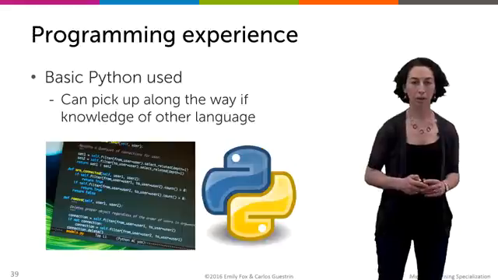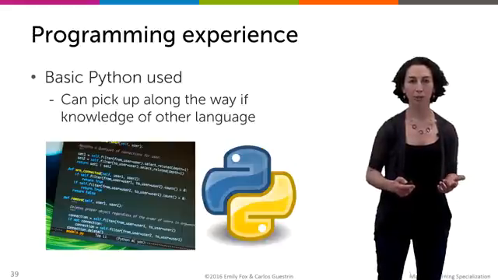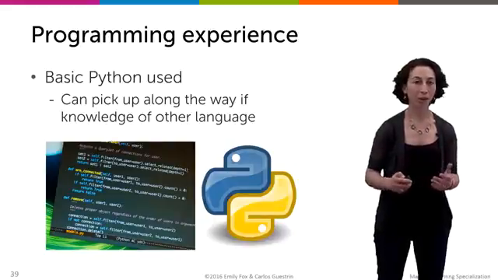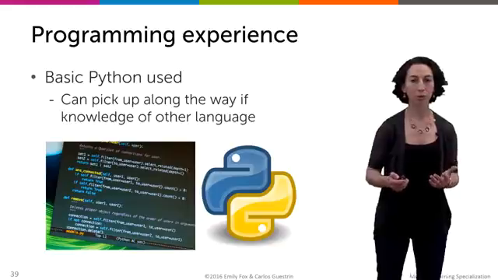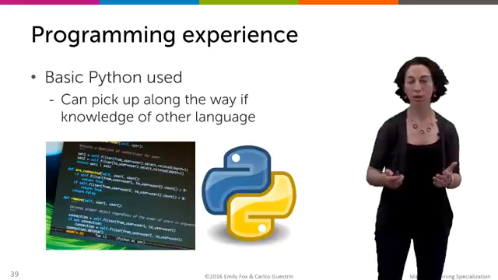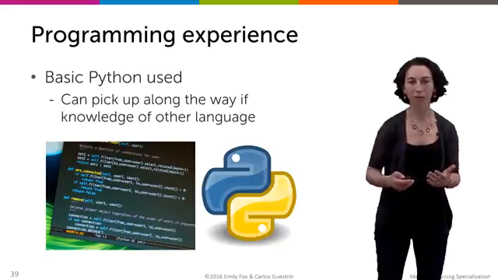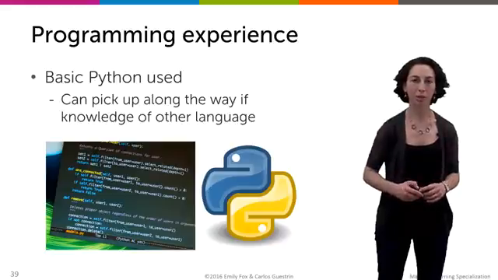And in terms of programming experience, we've tried to make this course as open as possible to people having different preferences for different programming languages. But we're going to encourage people to use Python, although it's not required. For example, for all of the assignments, we're going to provide starter code in Python. So of course, if you're a Python user, it's going to be easier for you to complete the assignments.